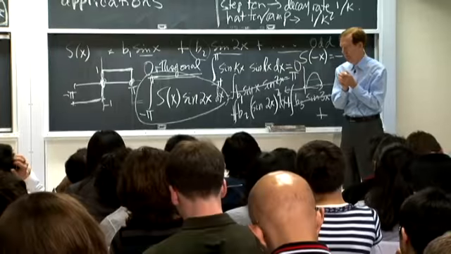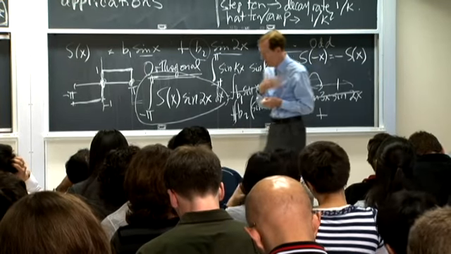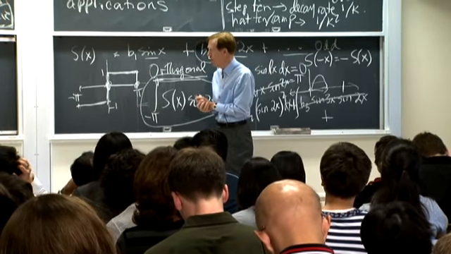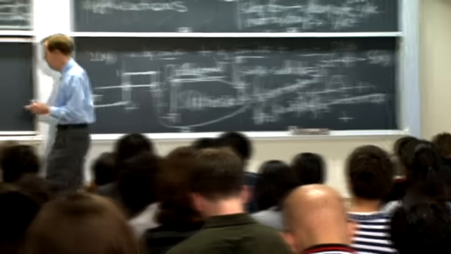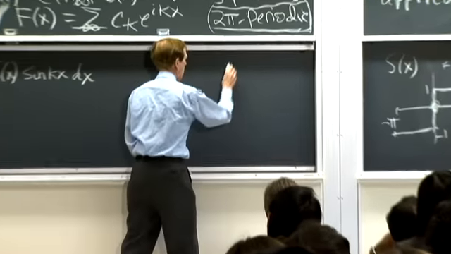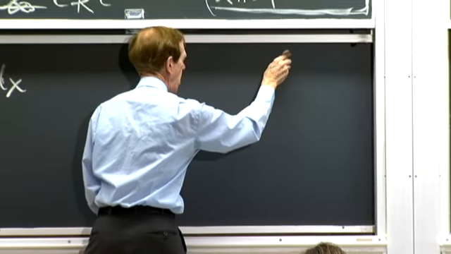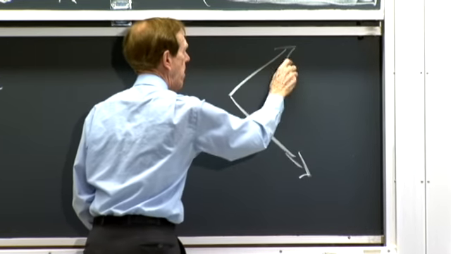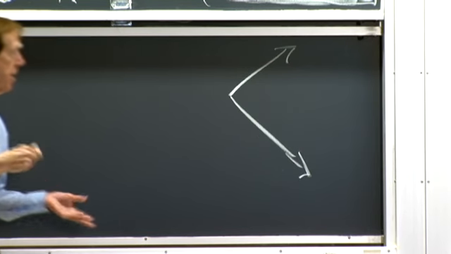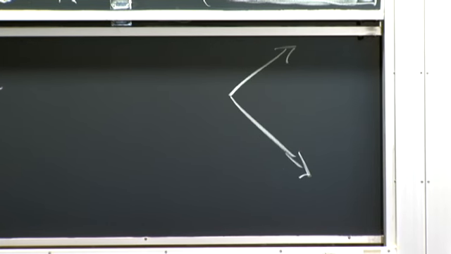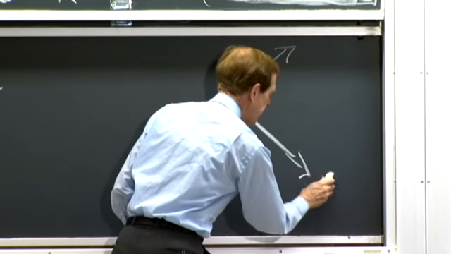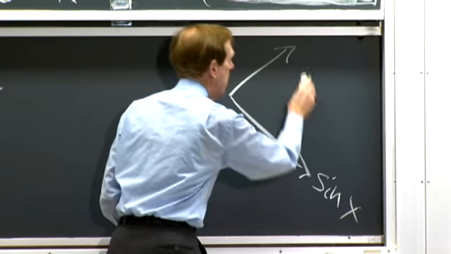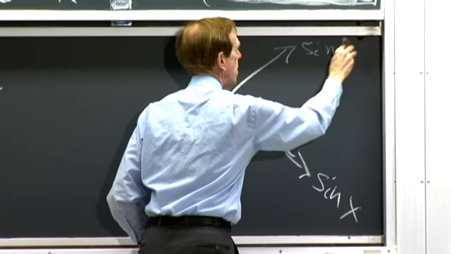What that means, really, I always want to say it with a picture, too. So let me draw two orthogonal directions. I intentionally didn't make them just x and y axes. This might be the direction of sine x, and this might be the direction of sine 2x.